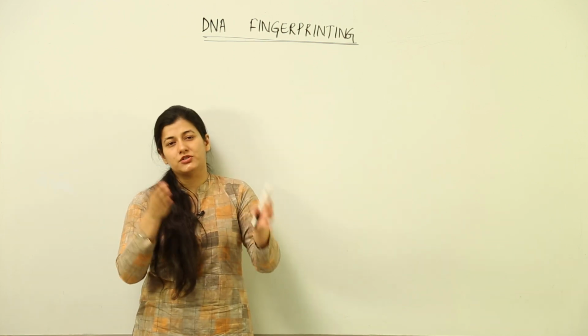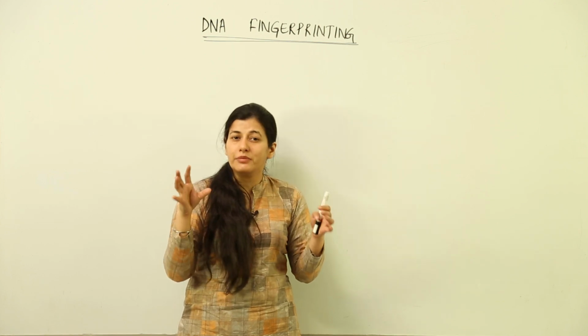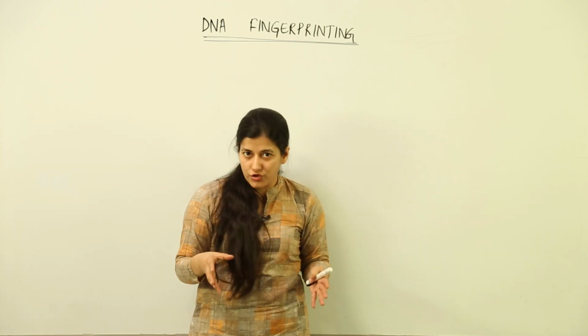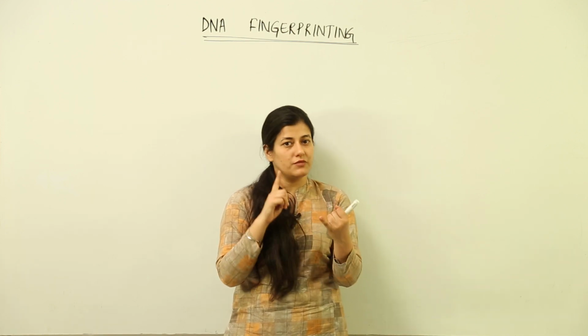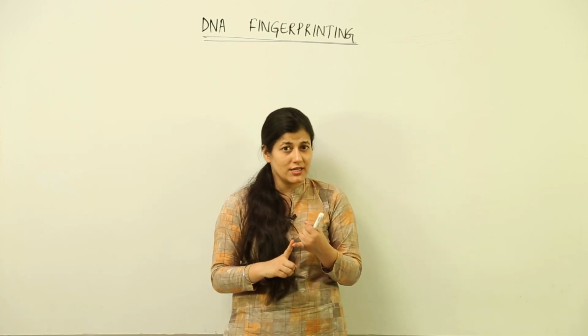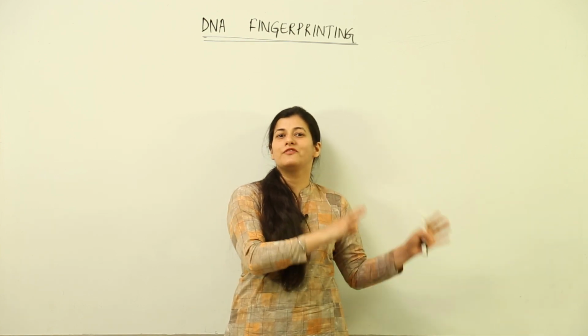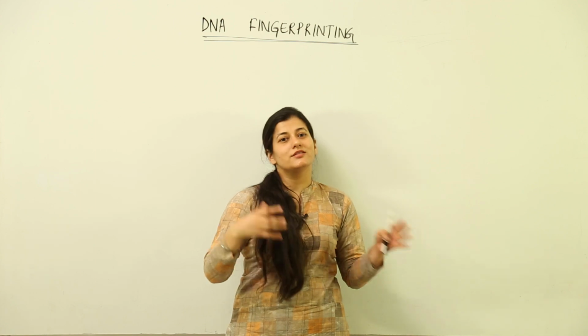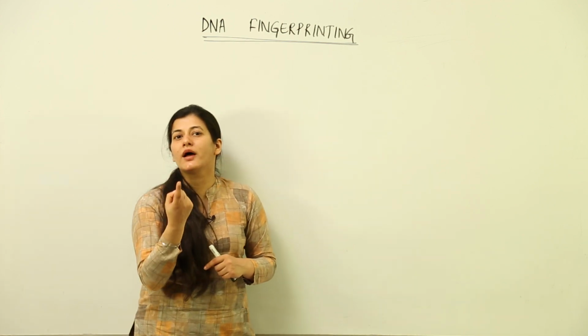To cut it short, even if we consider the haploid genome, there are 3.3 billion base pairs, which is a huge number. And one more thing that came to our knowledge from the Human Genome Project was that 99.9% of the genome is similar in all individuals. Now, the difference lies in 0.1%.